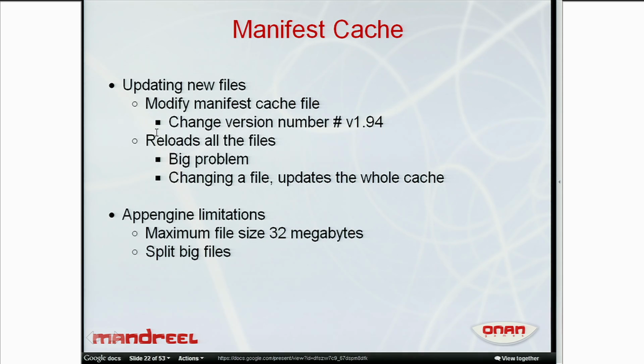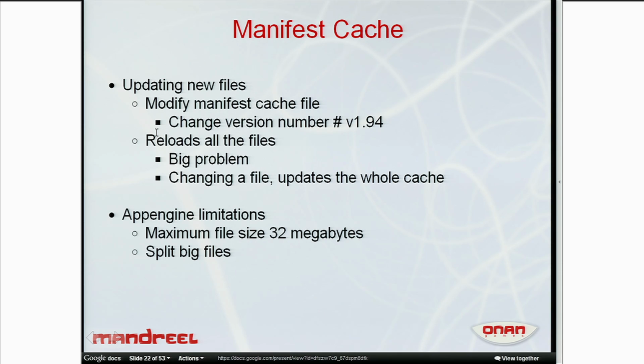The thing that is really typical in web games is updating the game. You can update the game once a week. So what happens when you update the game? You have to change the manifest cache file. But what's the problem? Even if you only change one file, the manifest cache is not smart enough, and it has to download everything.